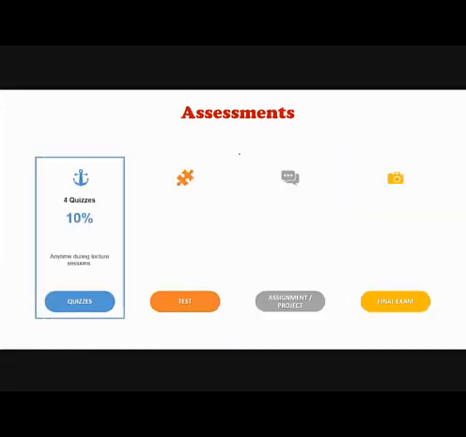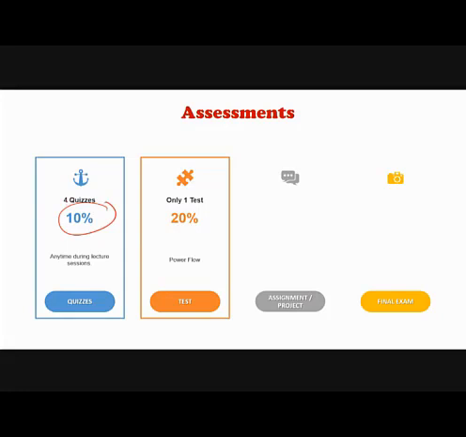If we look at the assessment, okay, we have 4 assessments. 10% comes from the quizzes. Okay, maybe we will do the quizzes through Kalam. So students can answer the quiz in Kalam. And then we have one test, only one test. Okay, one test that will cover chapter 2, power flow analysis.